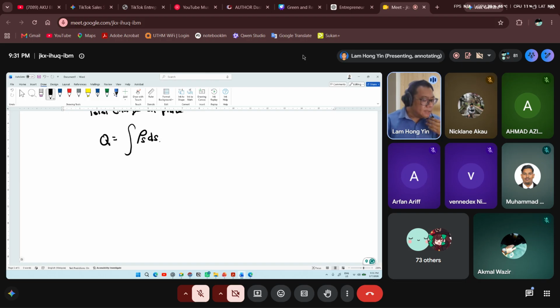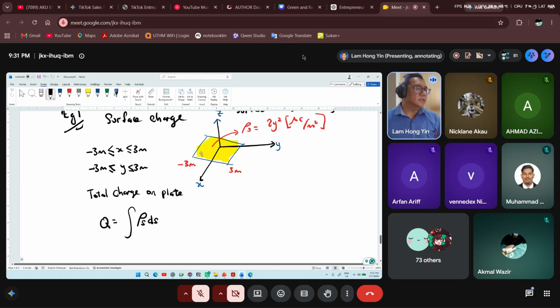Now, in this case, since it is a surface, ds can change. The ds is the change of the surface. What changes will be made in the Cartesian coordinate when the surface changes? Of course, your x-axis changes, your y-axis changes, right?